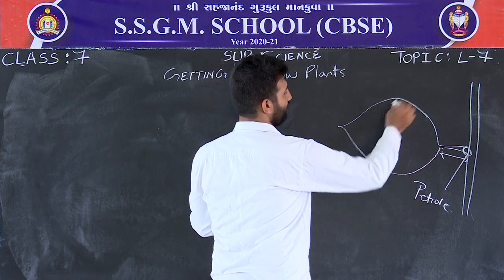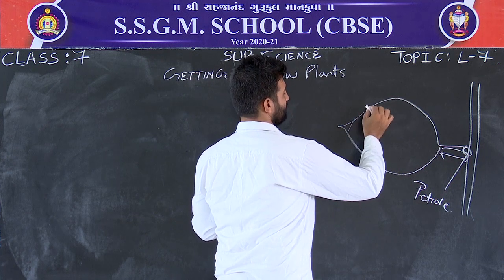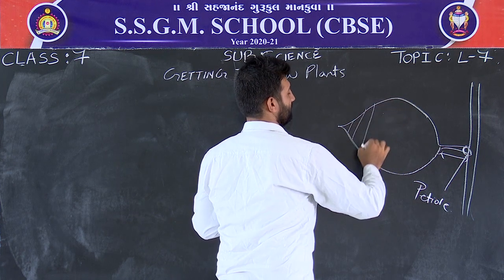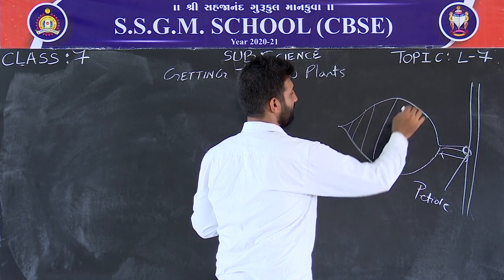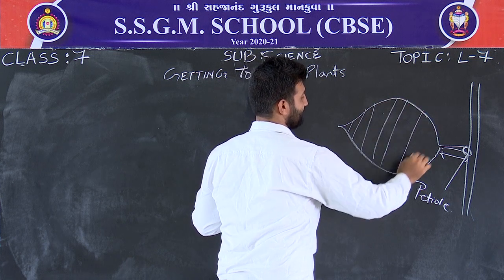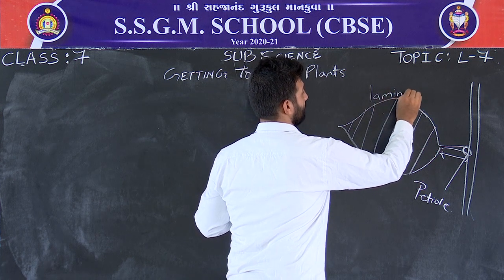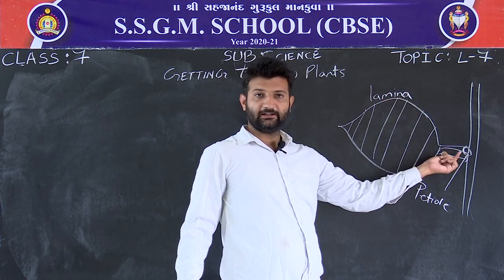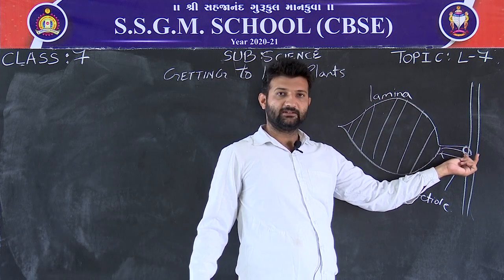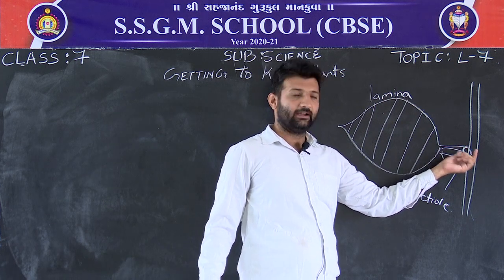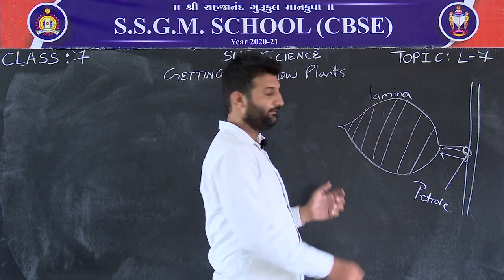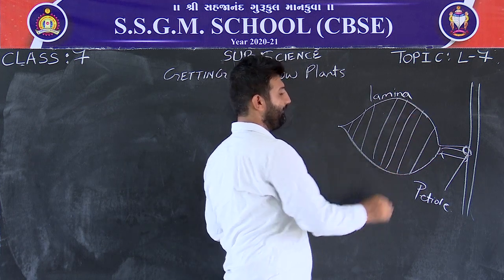The green broad portion, the whole part of the leaf, is known as the lamina. The point where it is attached to the stem or branch is known as the petiole, and the broad section of the leaf is known as the lamina.